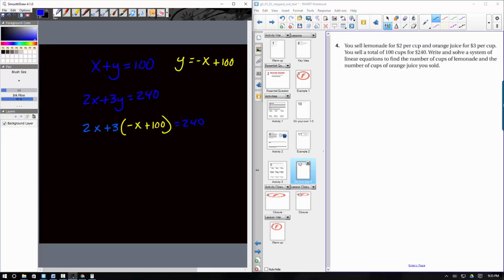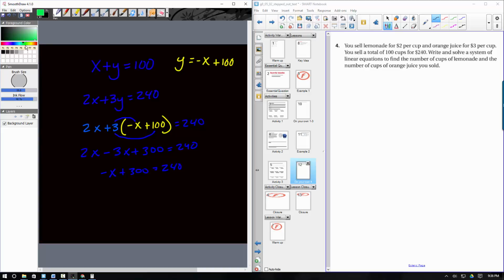Now I'm going to rewrite all this, and I'll have 2x. And then 3 times this is negative 3x. And then 3 times 100 is plus 300. And that all equals 240. So now I combine like terms, and I'll then have negative x plus 300 equals 240. Now here's the thing. I want to get this x to be positive. So you can do this a couple ways.